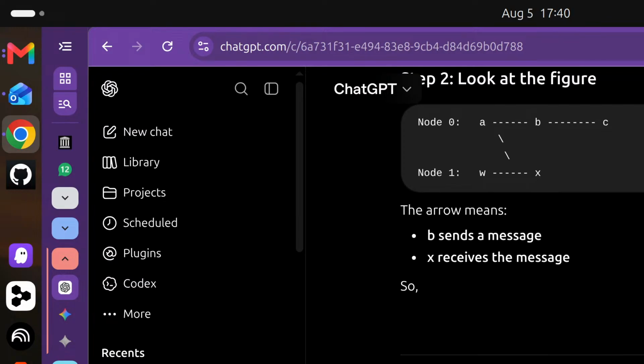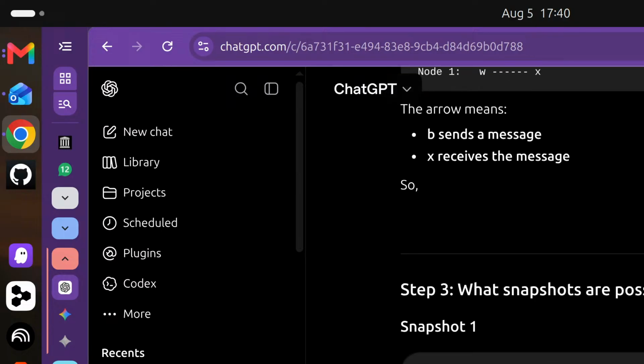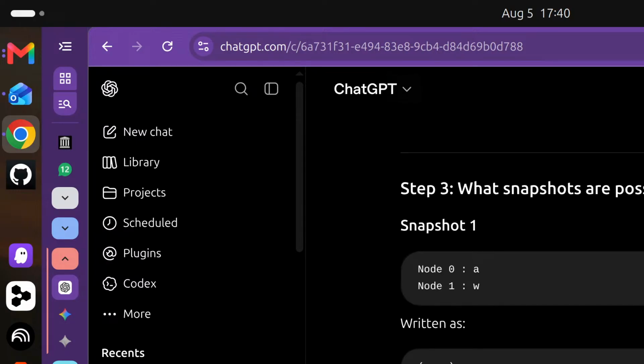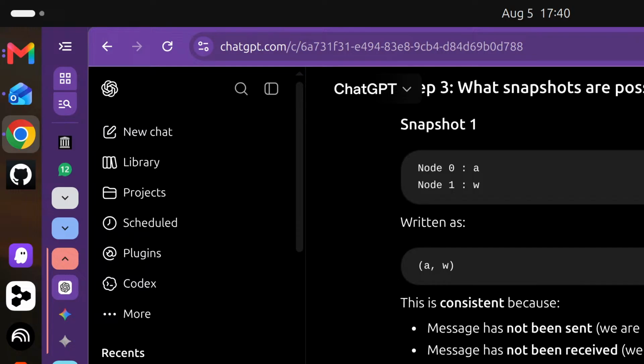What snapshots are possible? Snapshot one is node 0 A, node 1 W, written as AW. This is consistent because the message has not been sent, we are before B, and the message has not been received, we are before X. Everything makes sense.